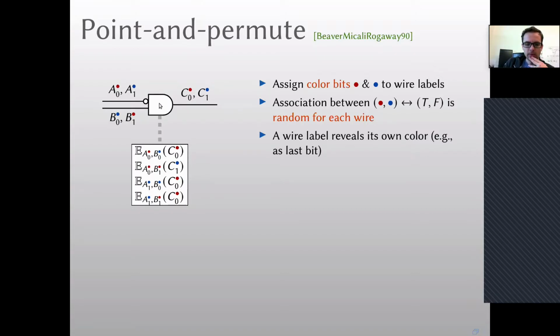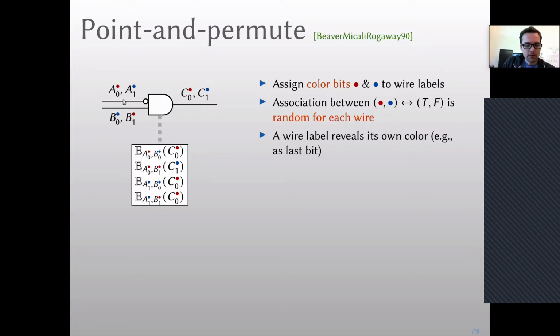And remember, a wire label doesn't reveal its subscript. In my notation, the subscript tells you whether the wire label encodes true or false. That should be secret. If you're looking at a wire label, you should have no idea whether it's the 0 or the 1 wire label, but you should know whether it's red or blue.